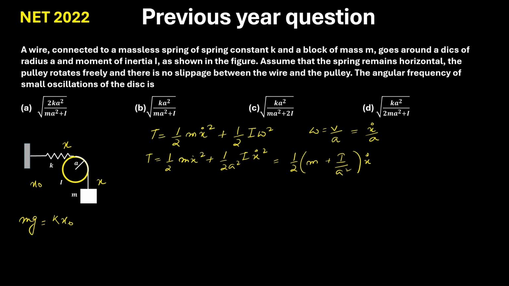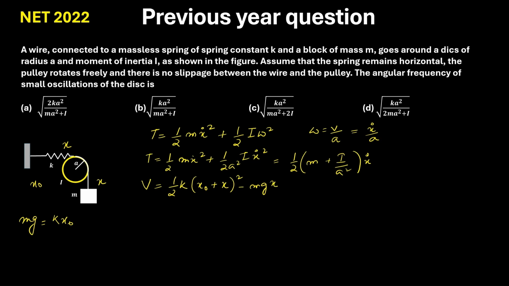For the potential energy, we will have two potential energy terms. One is due to the spring and one is due to the gravitational potential energy. So for the spring, I can write half k times the equilibrium length plus x, squared, and for gravitation, I can write mgx.